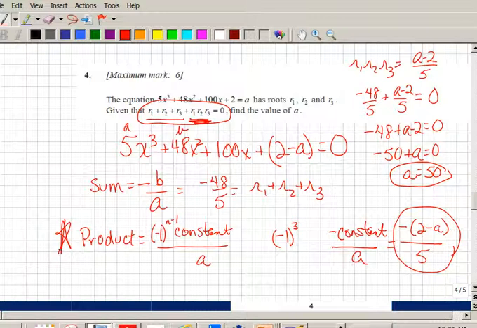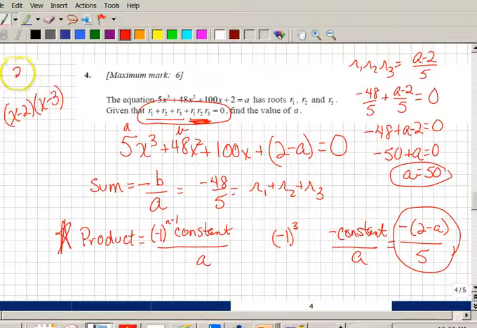But, yeah, you got to remember this. That's the trickiest part. How to find the product of the roots, constant over a, and it depends on the number of terms, whether it's negative or positive. If you ever get confused or forget that, just think of a simple example, like maybe x minus 2, x minus 3. The roots of that equation are 2 and 3, and their product is 6.